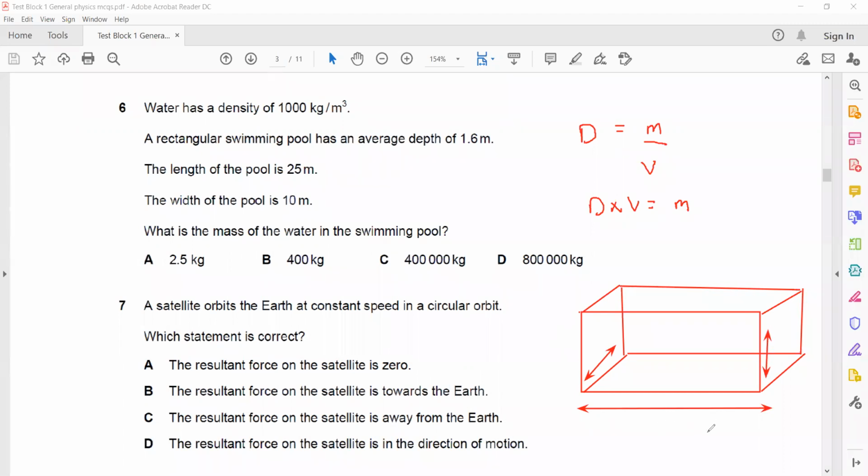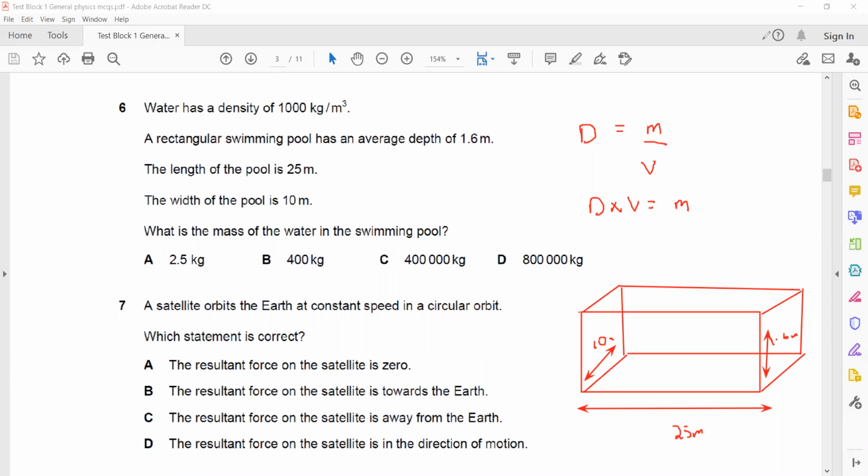These parameters are given. Length is 25 meters, width is 10 meters, and the depth is 1.6 meters. When you multiply these three parameters, you will get the volume, and density multiplied by volume will get the mass.